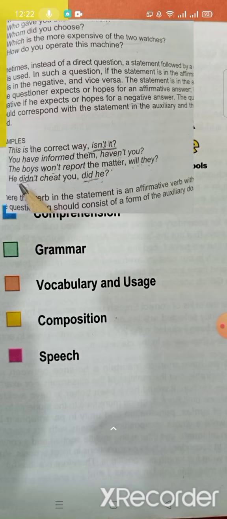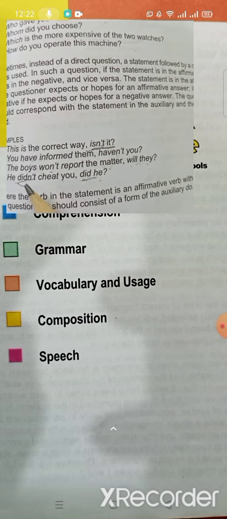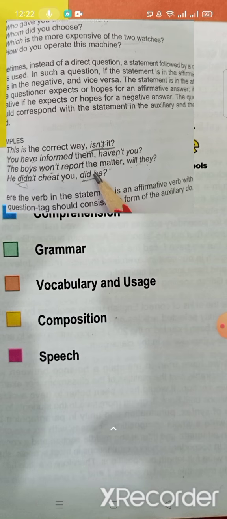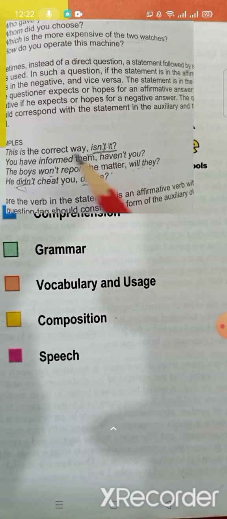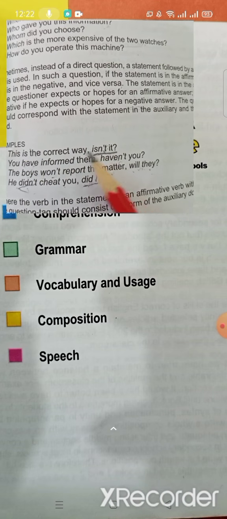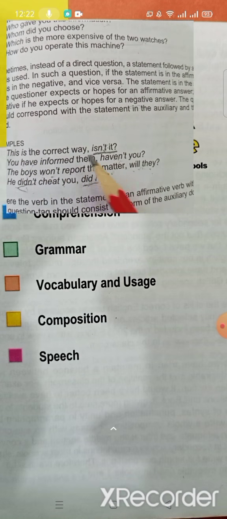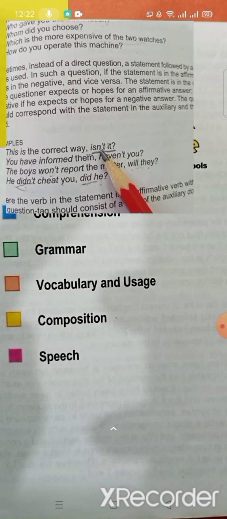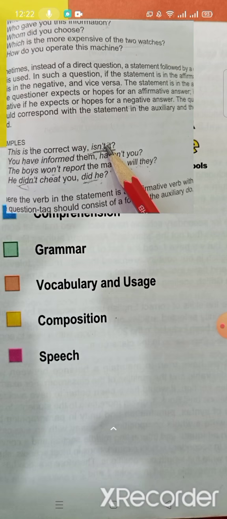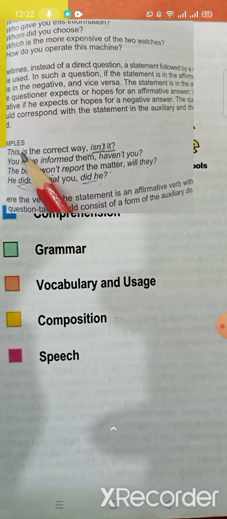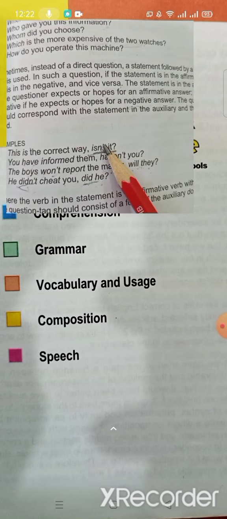If the sentence is in the past simple, the question tag will be in the past simple. It means you have to use the same tense. If you use "wasn't it" here, the sentence will be wrong. If it is present, the question tag will be in the present.